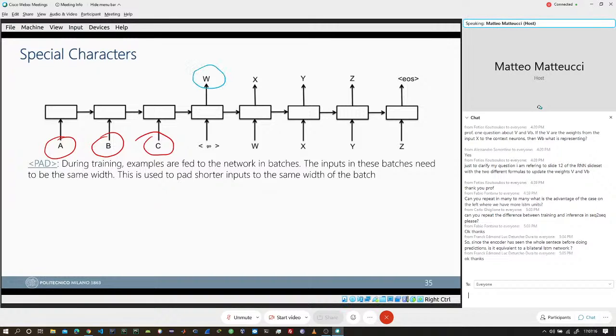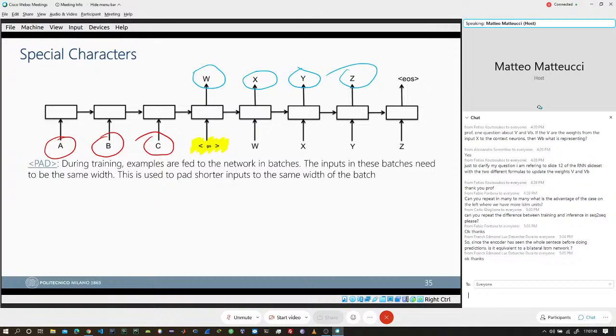The blue one is the output, the red one is the input, and this is one of the first things to prepare. And then you need to add special characters, like this one, which tells the machine when the input sentence is finished and when it is not.